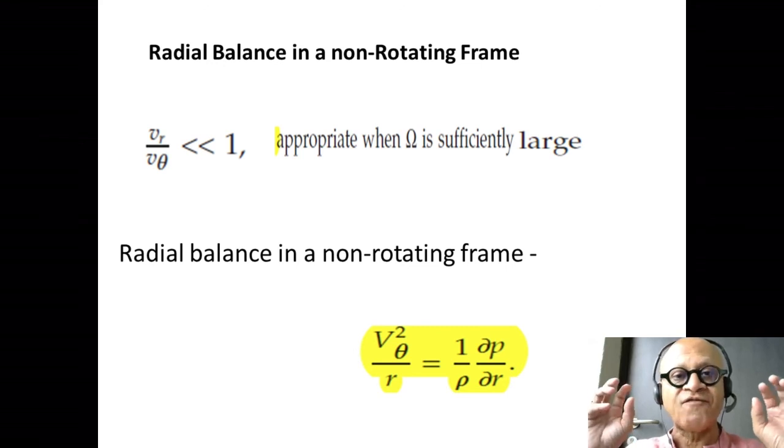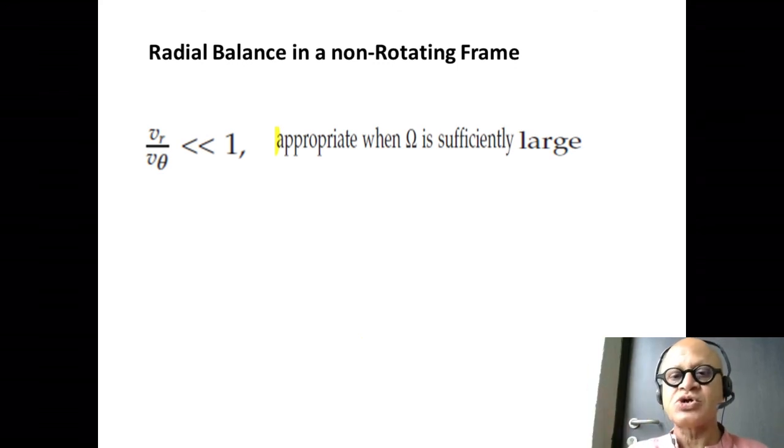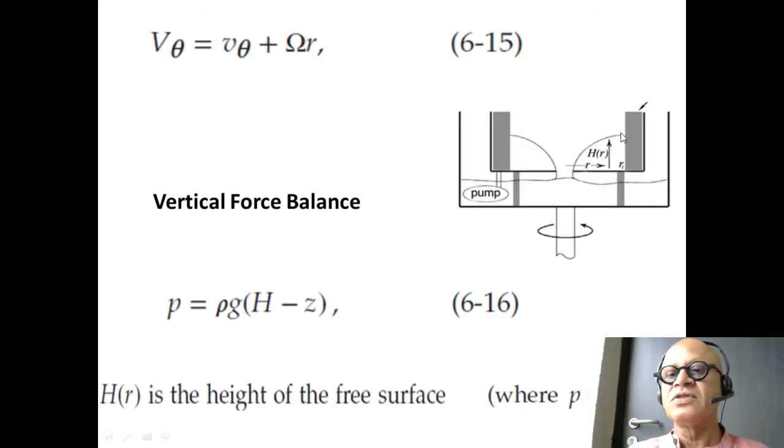Here we're talking about a fluid. Each particle is experiencing a radial gradient of pressure, because this surface corresponds to dp/dr, and there is a v theta which is going to determine its net centrifugal force.